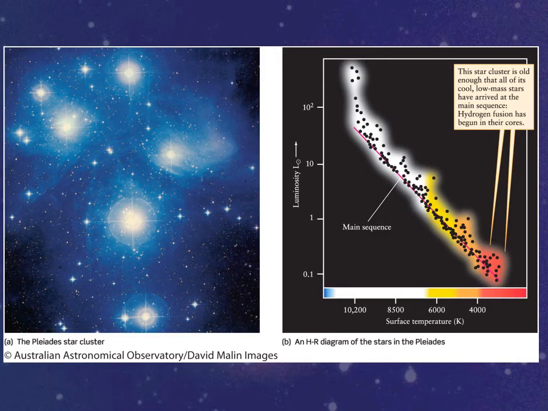In fact, we can sort of see this on the HR diagram: stars form near the zero age main sequence, but then over time they gradually drift a little bit upwards, so a little bit hotter and brighter. They drift a little bit off of that zero age main sequence.